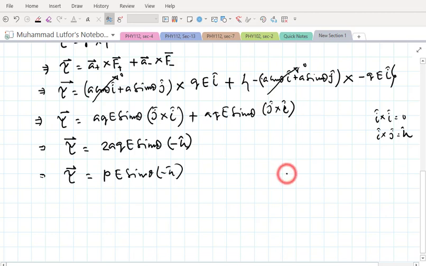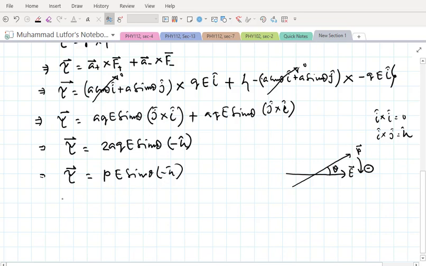Counterclockwise torque is positive and clockwise torque is negative. That's how you find it: this is your electric field E, and the direction of the dipole moment is from the negative to the positive charge, we know that, right? So this is p, and this is the angle. If you use the right hand rule, then this system will try to rotate in that direction, which is clockwise. That's why the torque would be negative over here.